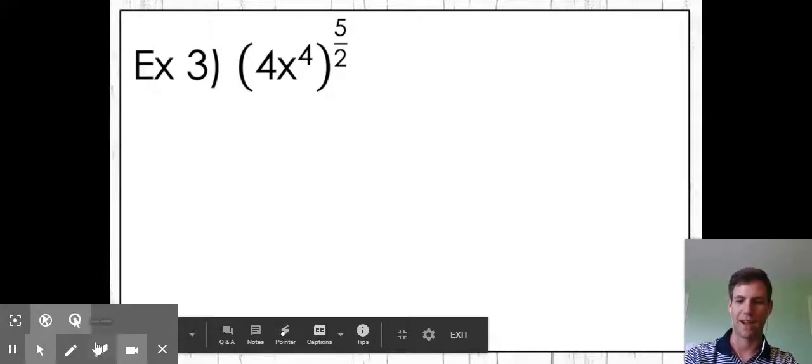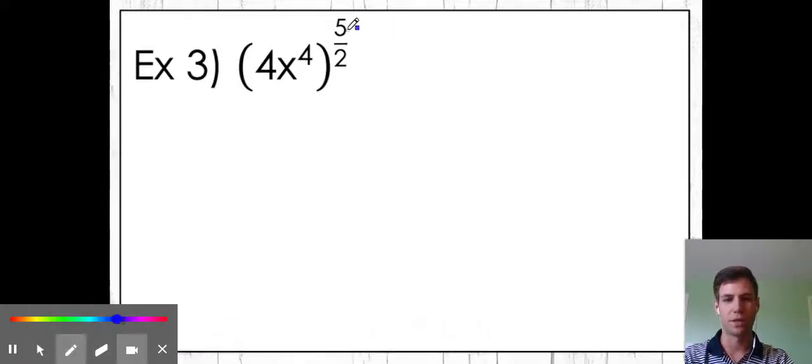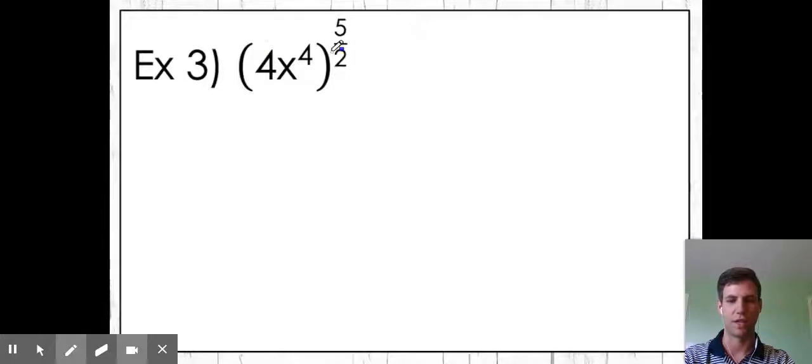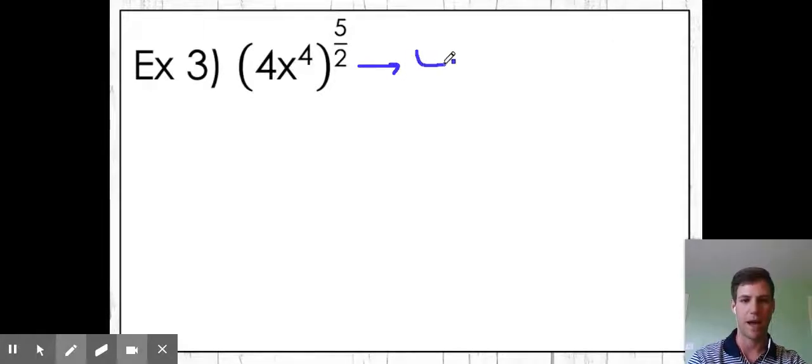Actually, the first thing that I'm going to do is distribute that 5/2 to the two things in here, since I won't then have two different things under my radical symbol. So that means I have 4 to the power of 5/2, which we can deal with on its own. And now we have x, since this 5/2 went to both things in here. Whenever you are putting an exponent on top of another exponent, that means you have to multiply those powers.